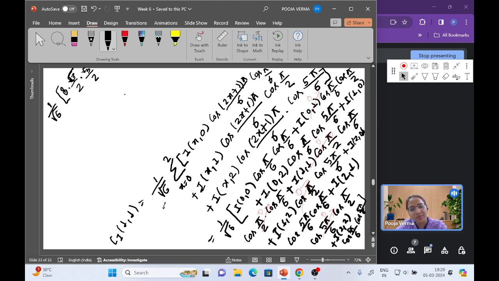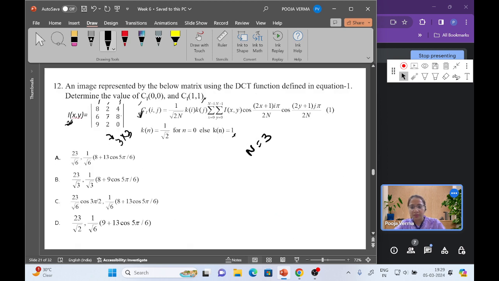Now what is the value of I 0 comma 2? That is plus 4. Please see in that matrix, I 0 comma 2 is 4, right?